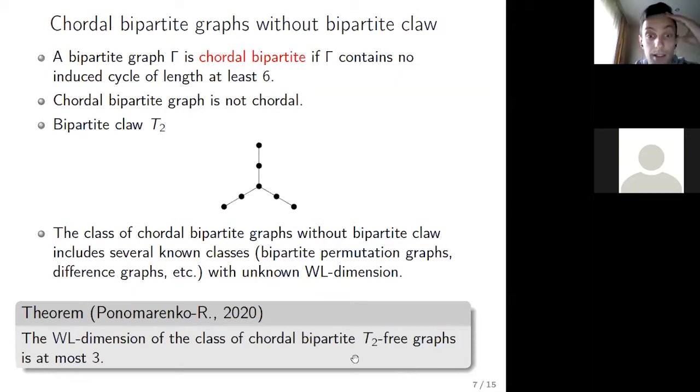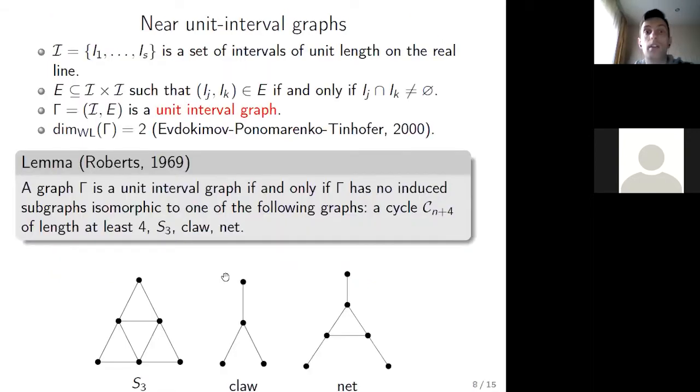On the other hand, in the proof of this theorem, we suggest a scheme for checking for a given graph that its Weyl dimension is at most 3. And this scheme works not only in this case, but in some other cases. For example, for some generalizations of unit interval graphs.